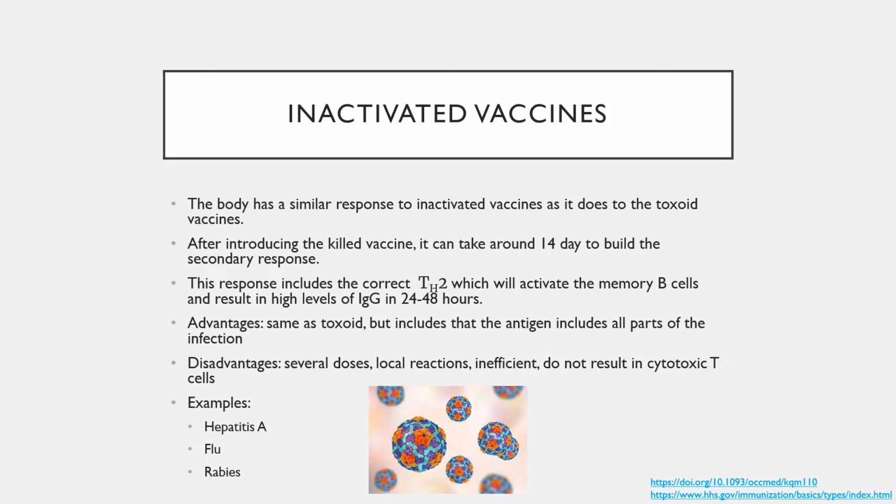The disadvantages of this vaccine are that it takes several doses, can result in some local reactions, is inefficient, which kind of goes back to the several doses, and does not result in cytotoxic T cells. Some examples of this type of vaccine are hepatitis A, flu, and rabies.